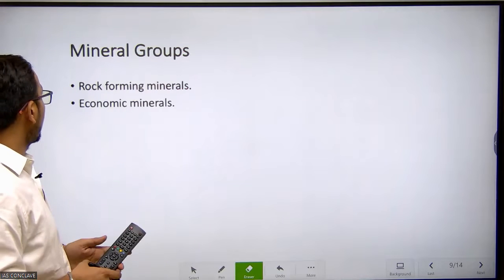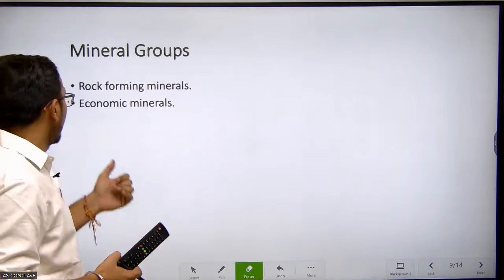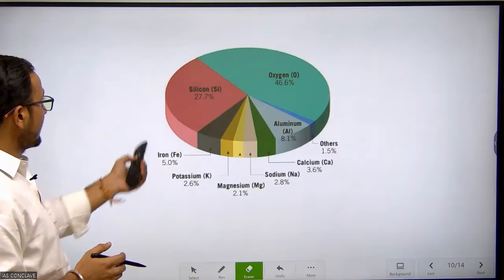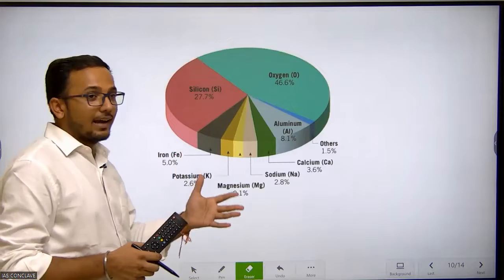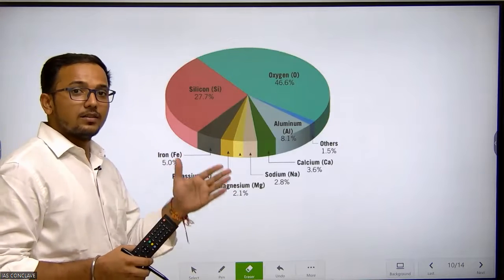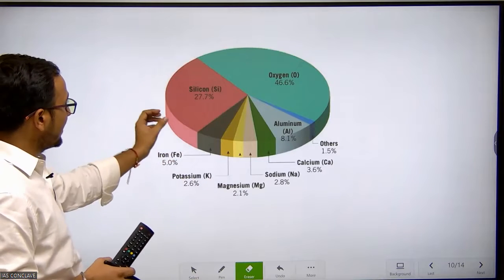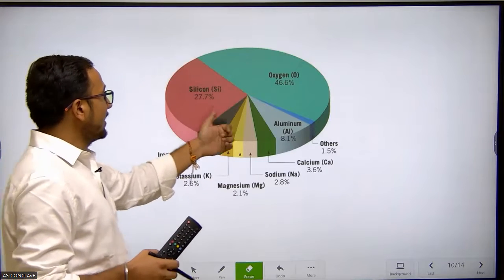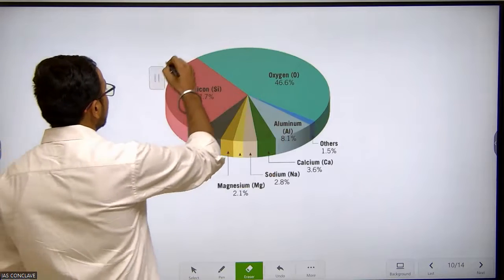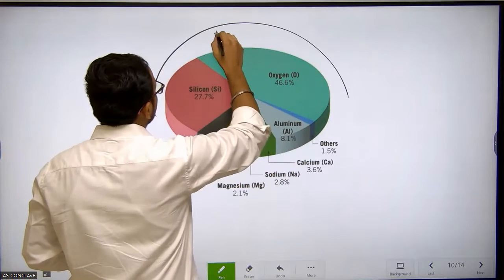We can classify minerals into two groups based on their economic value: rock forming minerals and economic minerals. As you can see in this diagram, these are the major 8 elements which are the major components of the Earth's continental crust, like iron, potassium, magnesium, but silicon and oxygen constitute the major proportion.